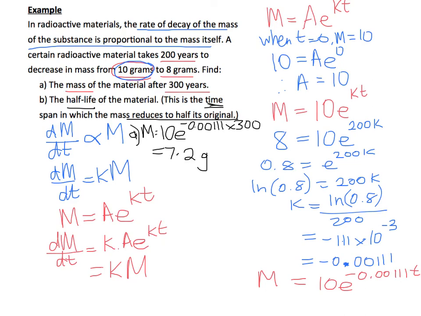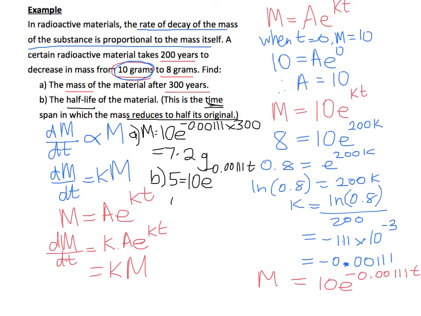So this question is saying find t when m equals 5 grams. So when m equals 5, we need to find t. So just substituting into our equation. Here's our equation. Remember we had that down here. And we're just making m equal 5 and we're solving this equation for t. So let's divide both sides by 10.